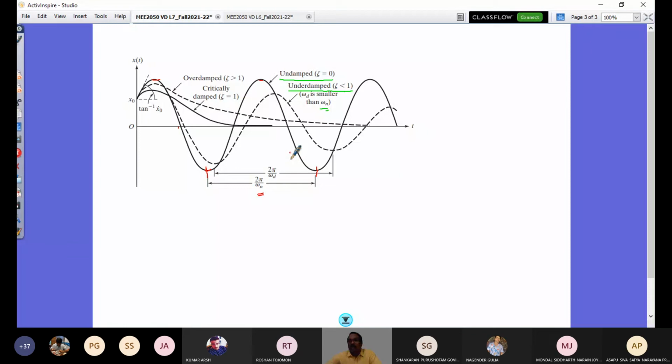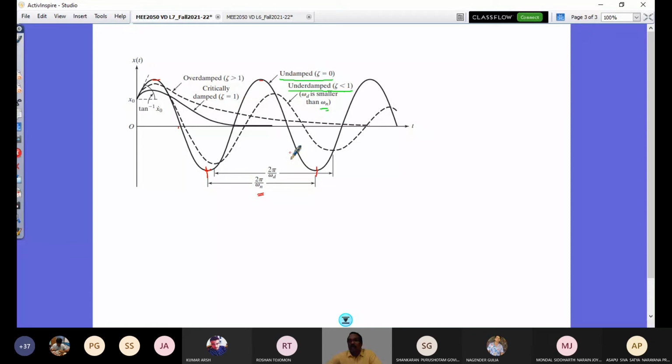Good. So this is what delta equals. This is omega d. It's not omega delta, it's omega d, right? So this can be further simplified like this now. 2 pi zeta omega n by omega d I will substitute.